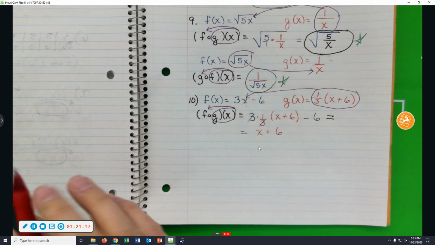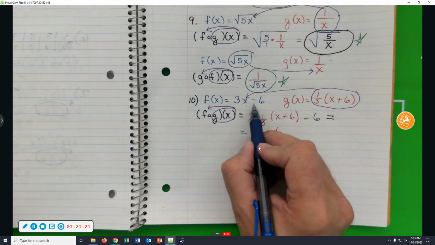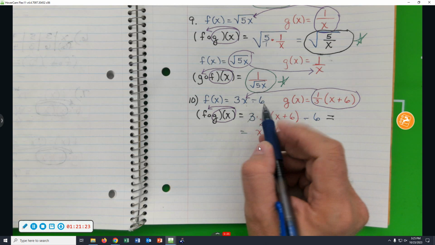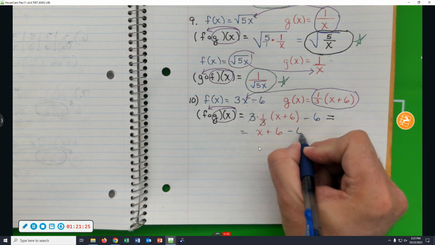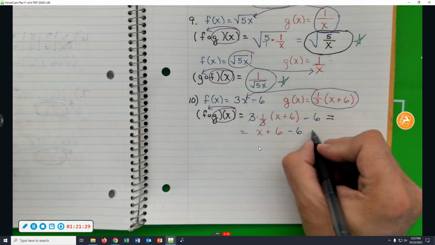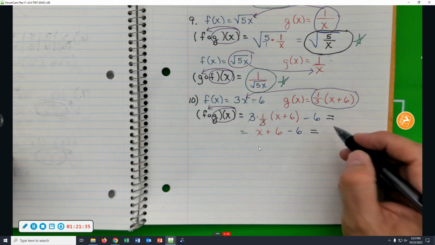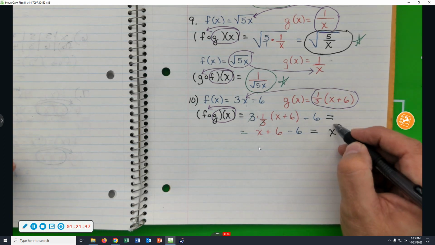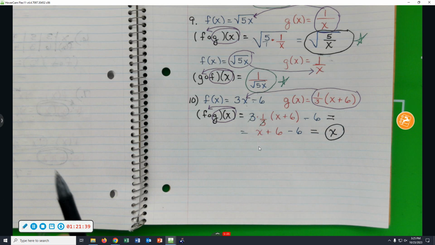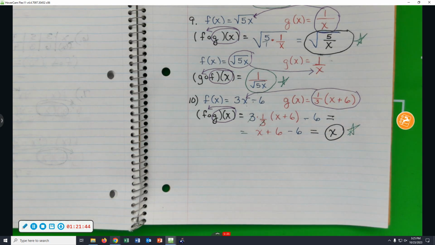And we still have a minus 6. That was this blue minus 6 here. Oh, this simplifies nicely. What are we going to get at the end? Just the x. Oh, finally something easy to type in. x.